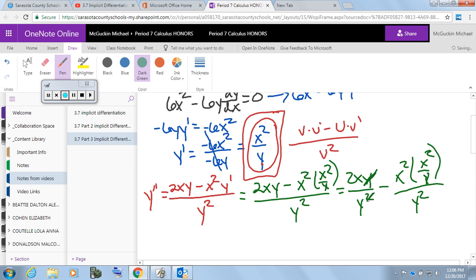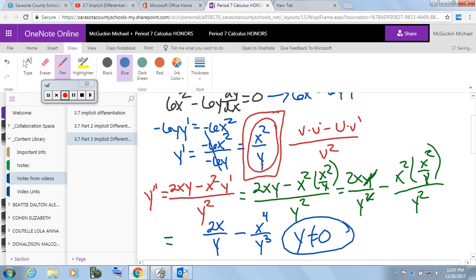And so when this is all said and done, we can simplify this coming out to be, let me change colors as we wrap things up, 2x over y minus x to the fourth over y cubed, because there was the y in our denominator here and 2 y's in our denominator here, so together they make y cubed. And the only thing that we have to make sure that we say is that y cannot be 0 so that it fits into our specific restriction.